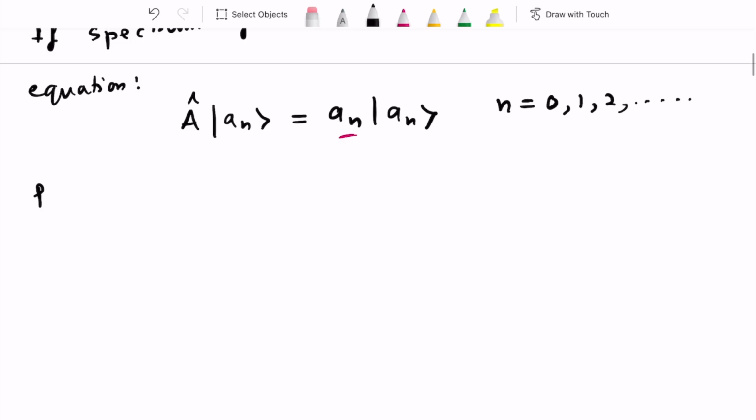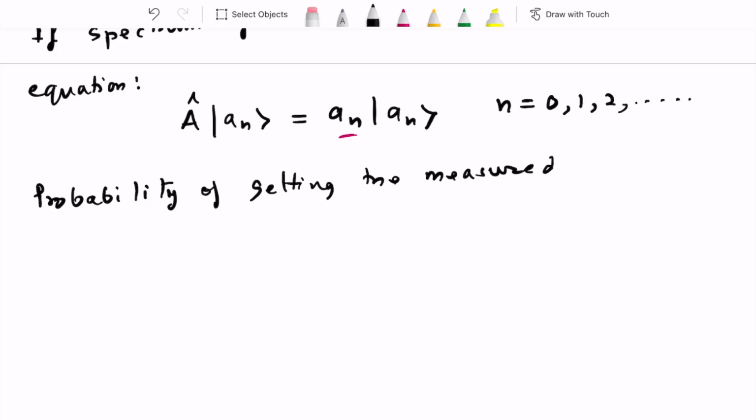So the probability, and that's what the GSI tells us, of getting the measured value a_n is |c_n|^2.